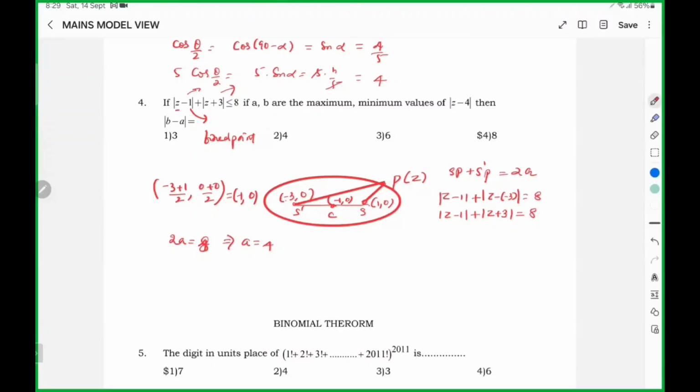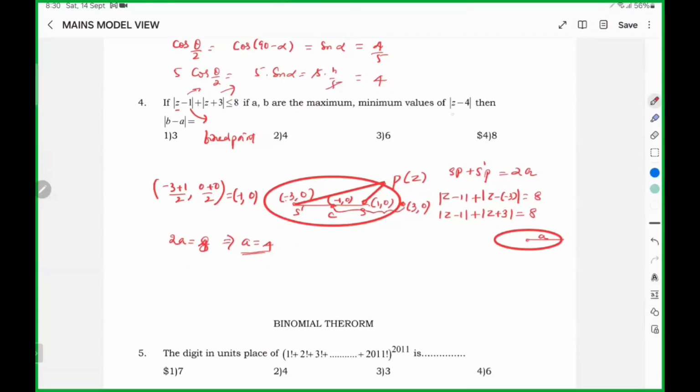And here the distance is the A, in the sense that for an ellipse it is the semi-major axis. This is A for us. So A is 4 means here minus 1 to 3 comma 0. So minus 1 to 3 will be 4.